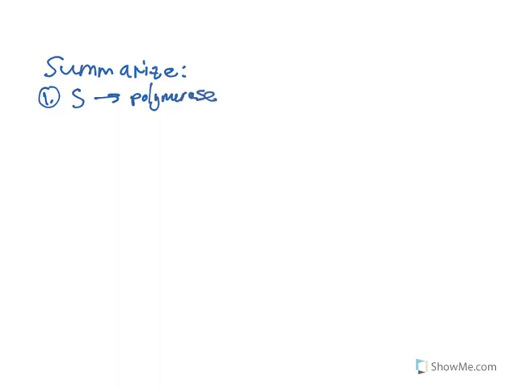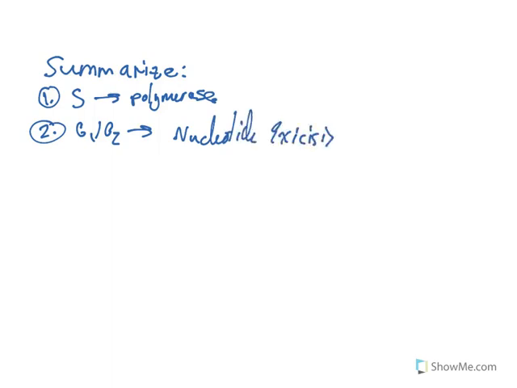So to kind of summarize everything we talked about in terms of the repair mechanisms, we have the first repair mechanism, which is actually during the S phase, or the replication phase, and this is brought about by the actual polymerase. And then we have a second G1, G2 repair mechanism known as the nucleotide excision repair mechanism.